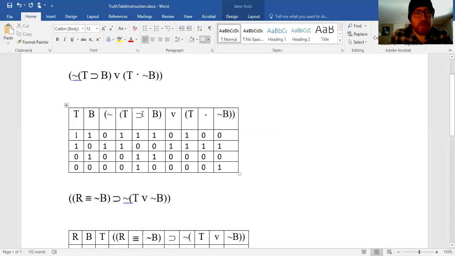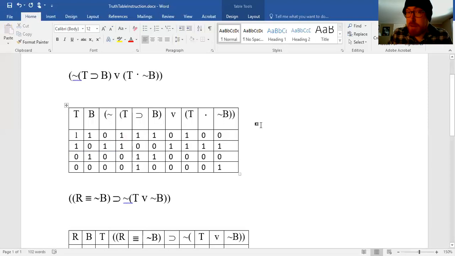There's only one condition where this is going to be a true statement, and that's because there's only one line in our table where this wedge turns out to be true. Okay, so this is going to be a true statement anytime T is true and B is false. In all other circumstances, this is going to be a false statement.